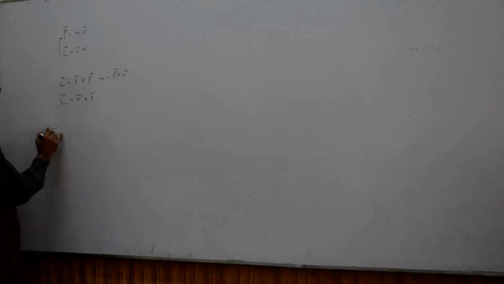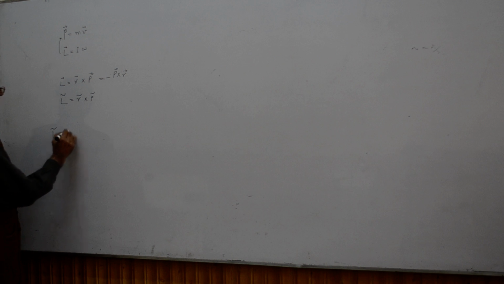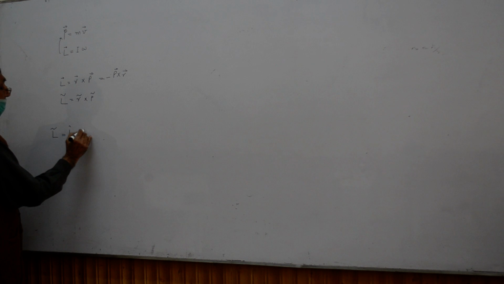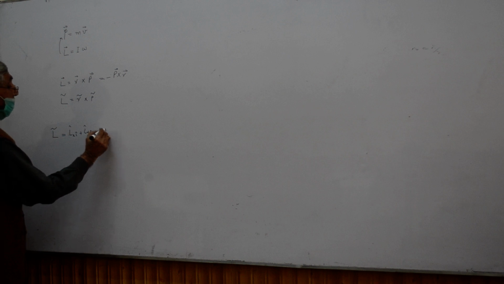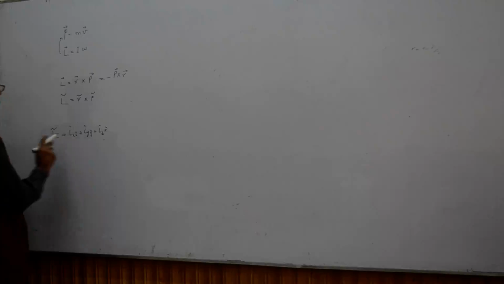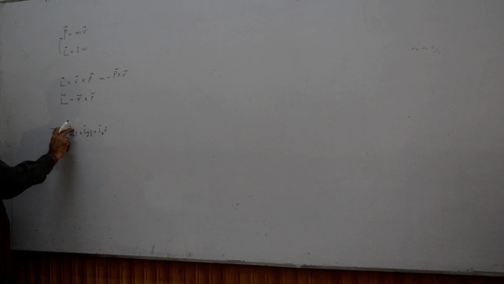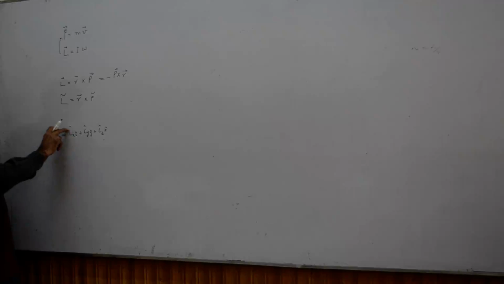So L has three components, Lx i plus Ly j plus Lz k. Don't worry about why I haven't written this there, because this makes it a vector and this makes it an operator. Here there is no such thing, so this symbol is used here and not used there.